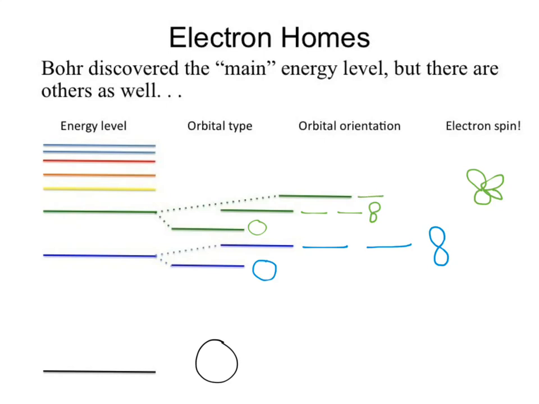And it turns out that we get 1, 2, 3, 4, 5 possible orientations when we move to that energy level. Which means how many electrons can we possibly fit into the third energy level? 2, 4, 6, 8, 10, 12, 14, 16, 18 electrons into that third energy level.